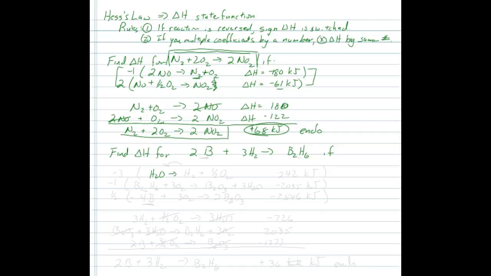H2O yields H2 plus 1/2 O2 with 242 kilojoules of energy required. B2H6 plus 3O2 produces B2O3 plus 3 waters, negative 2035 kilojoules.